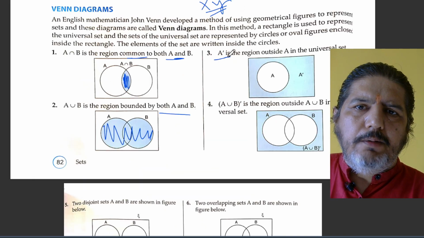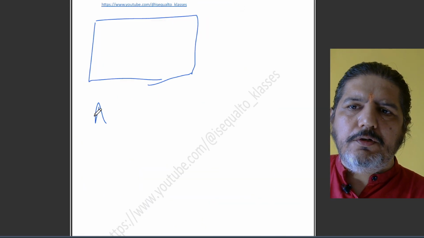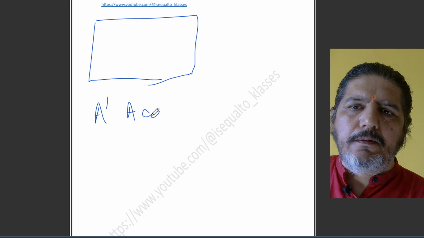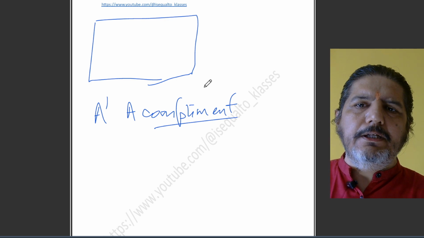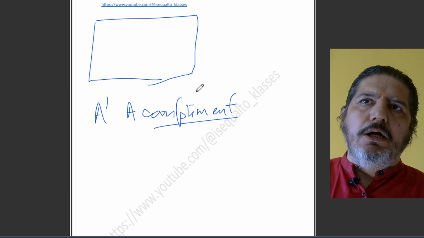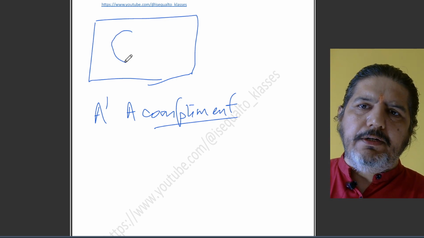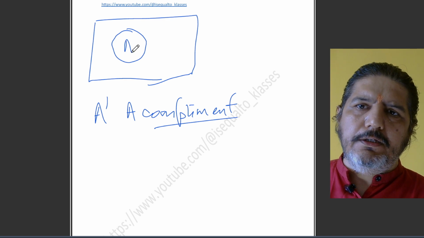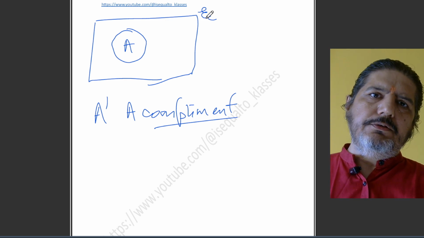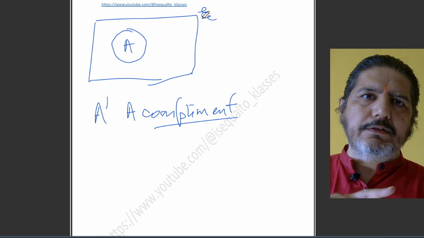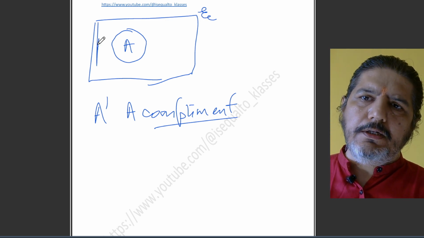Now I am talking about A complement. This is how it is written: A complement. If your theory is fine, you will understand what A complement is. I'll show you in the Venn diagrams and it will become easy to understand. For example, you have a universal set. A complement would be all the elements which are in the universal set, but they are not in A. Basically, this region.